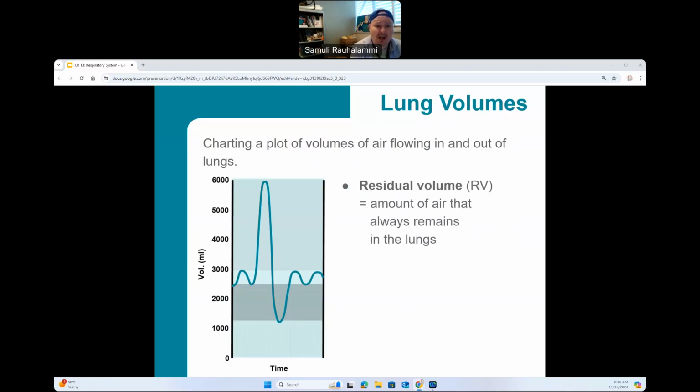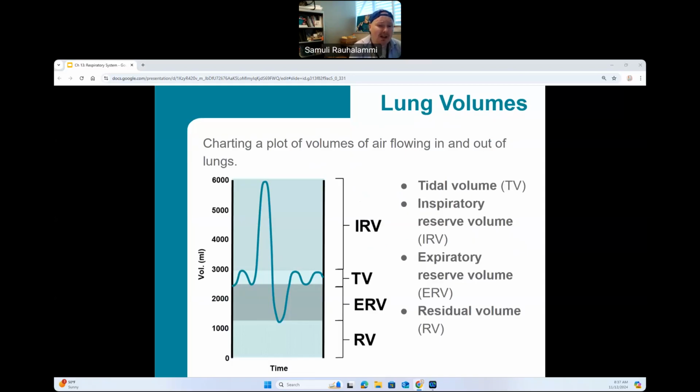And we're always going to have some residual volume, abbreviated as RV. Some air will always remain in the lungs and the respiratory pathway to keep the respiratory pathways and these alveoli open. If we emptied all the air, it would be like vacuum sealing a food product. And once alveoli collapse, it's really hard to undo those collapsed alveoli.